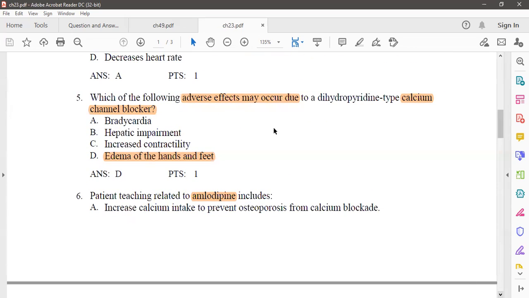Which of the following adverse effects may occur due to a calcium channel blocker? What are the side effects? The patient develops edema in the extremities, the hand or foot.